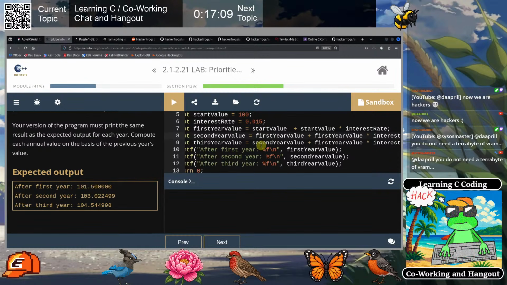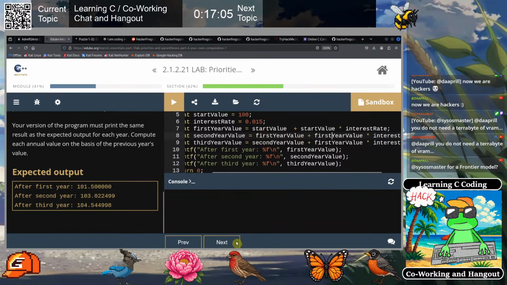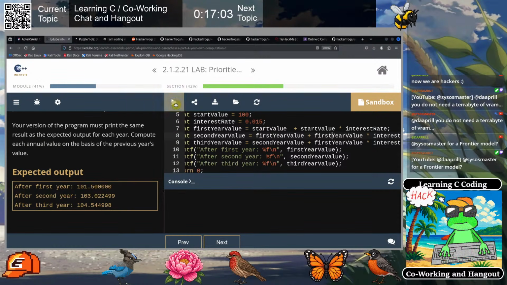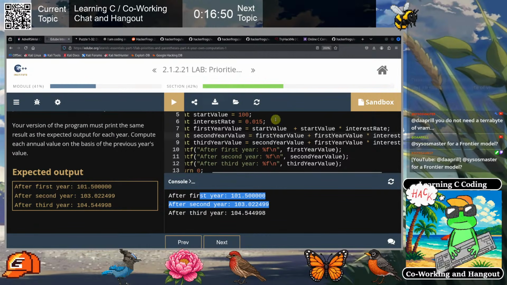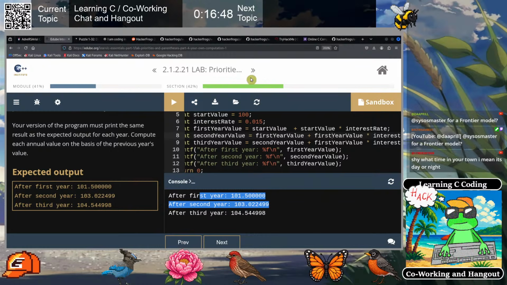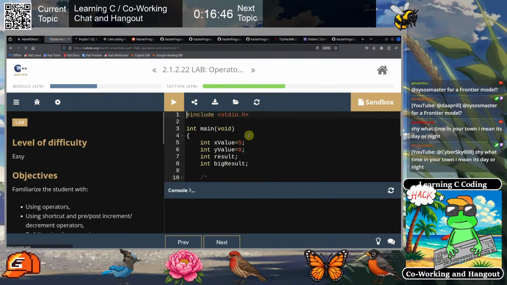Okay, so first year value, second year value, third year value. Okay, we run the code and it's probably going to give us the exact results we're looking for. Yeah, this is something interesting to keep in mind. All right, let's move on to the next thing. Dang, we've been working for a while and we still haven't gotten through this section. We're only at 43%.